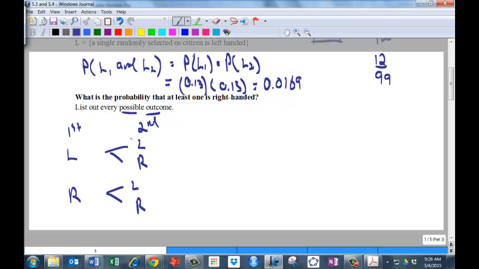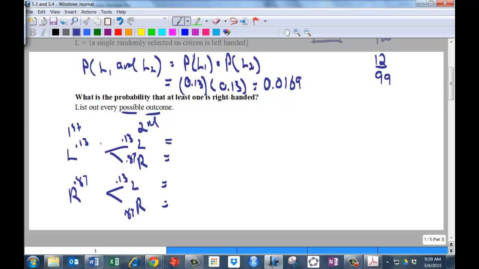And then we get the probabilities because all these are independent. So we just multiply 0.13 times the second one, 0.13 times 0.87, because if the probability is 13% left-handed, then 87% is right-handed. 0.87, 0.13, 0.87. So here we can get all these probabilities.